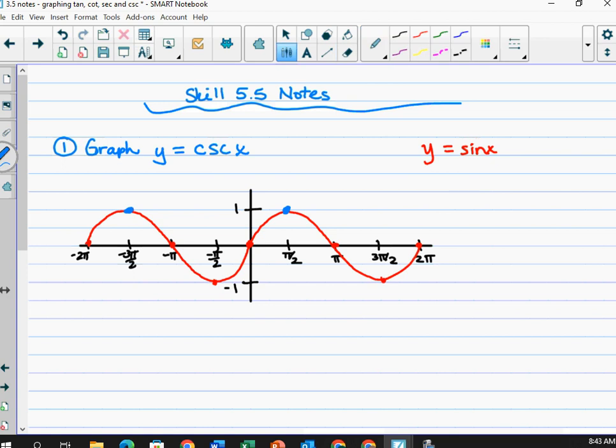What's the reciprocal of negative 1? Negative 1. So those points also overlap. The negative ones are still negative 1.